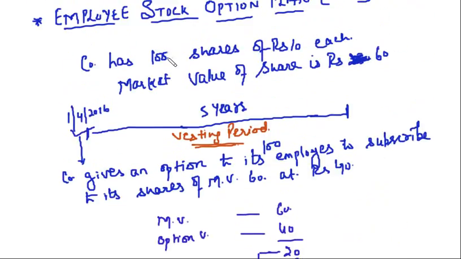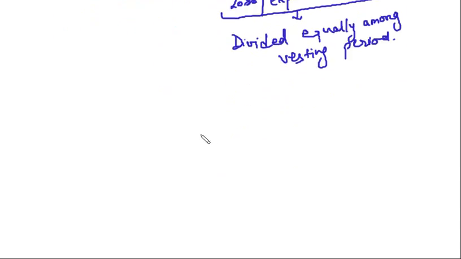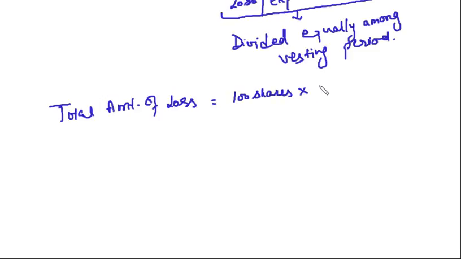Now can you tell me, if you have 100 shares and option is given to 100 employees and there is a 20 rupees loss, what is the total amount of loss? This total amount of loss will be on 100 shares multiplied by 20 rupees for 100 employees, right? 100 multiplied by 20 multiplied by 100, this comes to 2 lakh rupees.